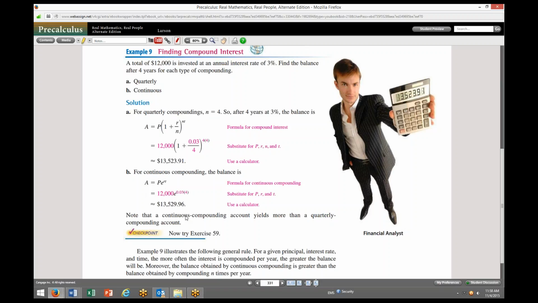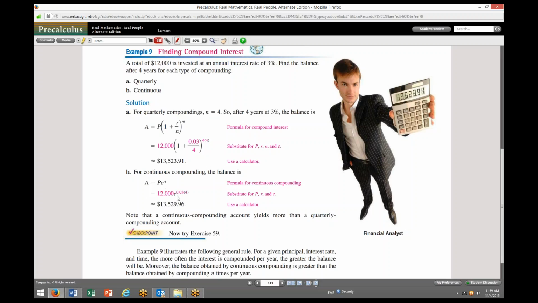And just a quick pointer here: if we had followed through the previous example in detail with quarterly compounding, same amount of money, same interest rate, still for 4 years, it would have come out to just $13,523.91, and with continuous instantaneous compounding, it gave us $6.05 more after 4 years. Not a lot of money more, but you notice it is more because it was compounded more frequently.